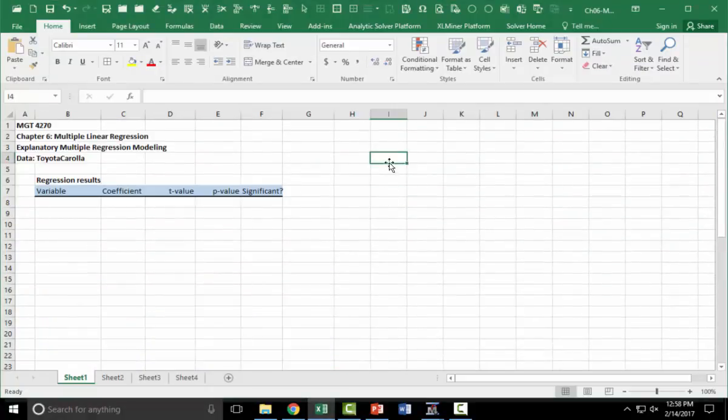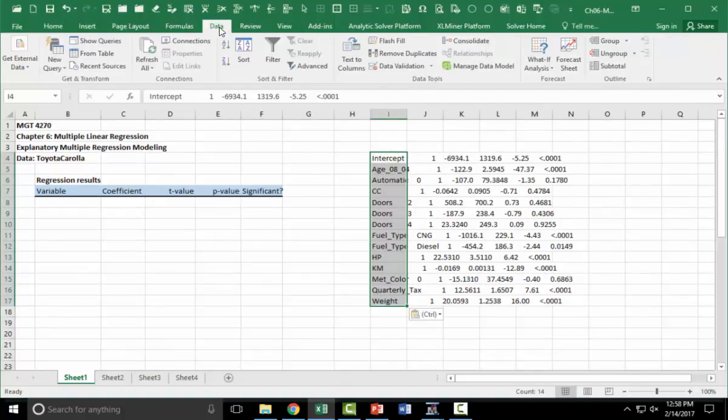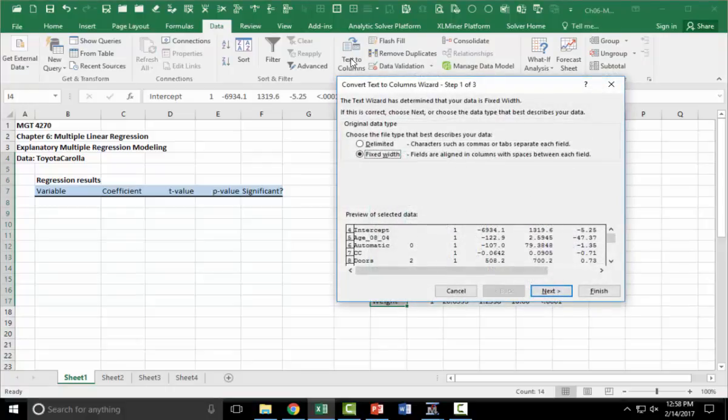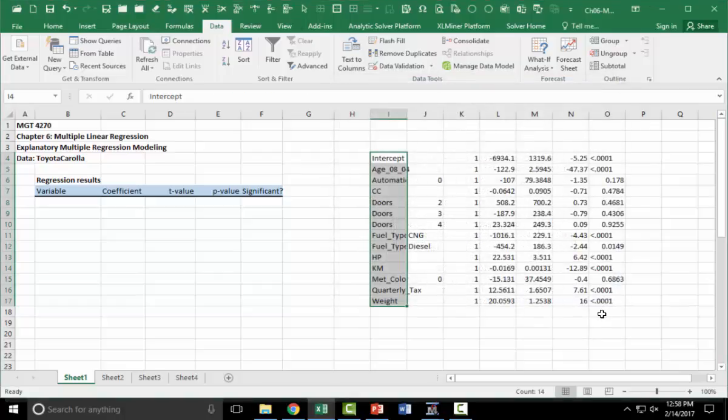I'll copy it here, then splice it, text to columns. So we'll do fixed. Let's keep it like that. All right, finish.